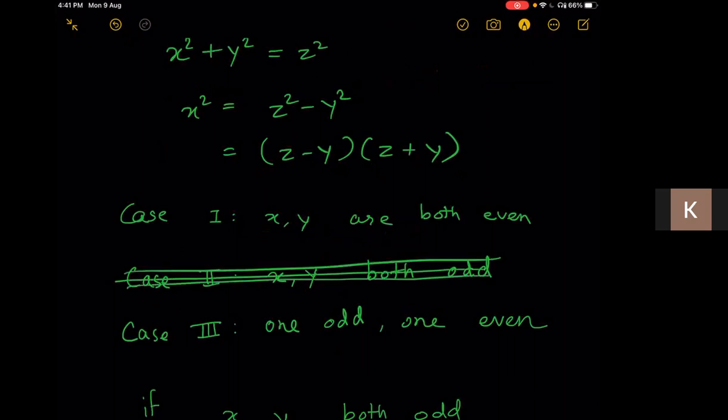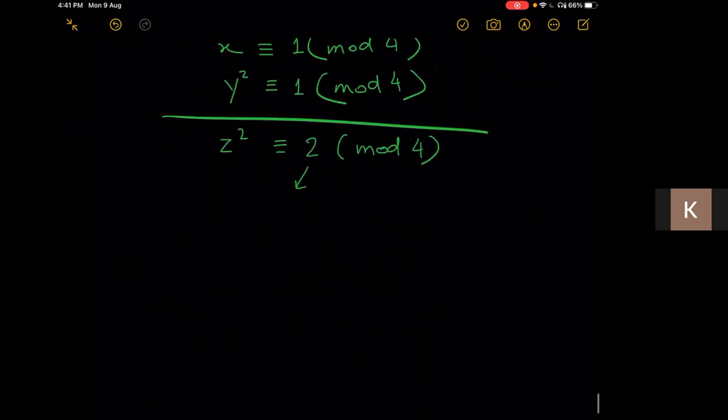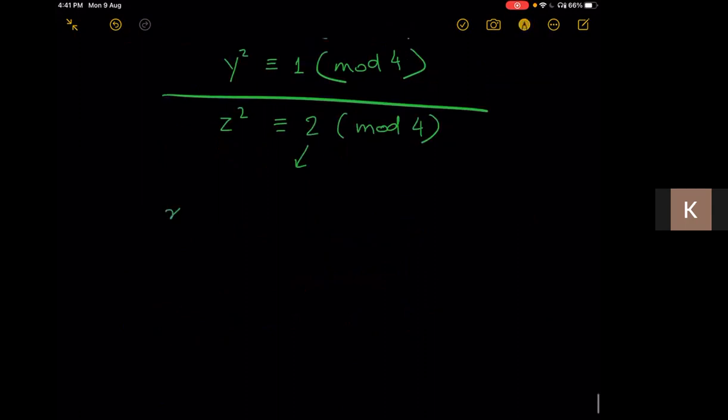Okay. Now if x and y are both even, x equal to 2m and y equal to 2n, is it possible? Wait. x square plus y square is z square. 4m square plus 4n square equal to z square.